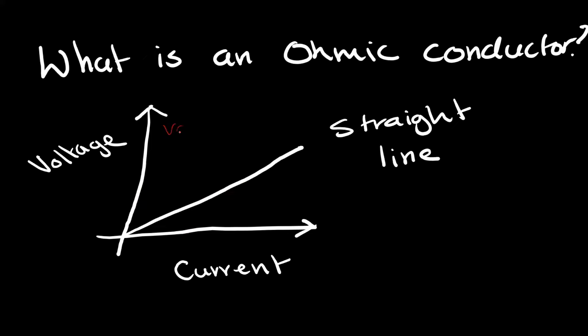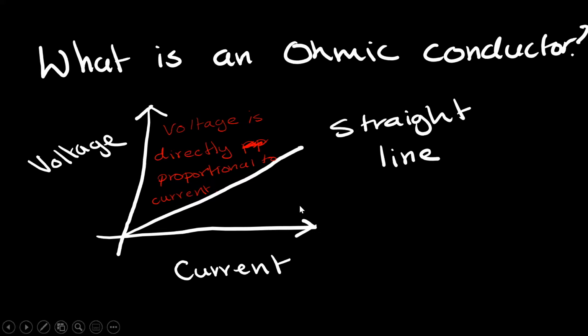So in an ohmic conductor, voltage is directly proportional to current, because there is a straight line. As one goes up, the other goes up too. That's what that really means.